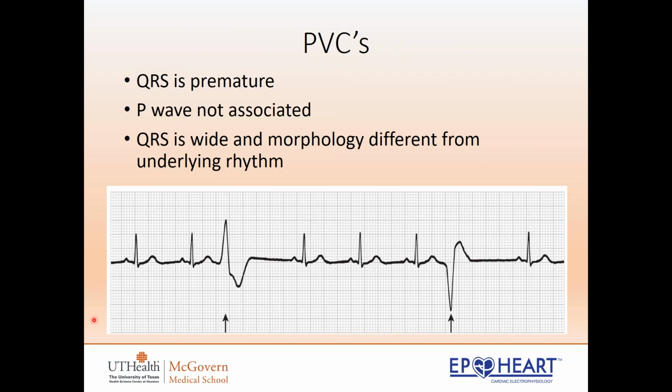For whatever reason, they have a spot in the ventricle that just decides to want to fire, and they can be of different morphologies. And that 12 lead, when it's on the patient, is giving us an idea of where that morphology is coming from. So we have an idea before we go into the lab. We can say, oh, this is coming from the RVOT, or the right ventricular outflow tract, just by the way it looks on the surface 12 lead EKG.